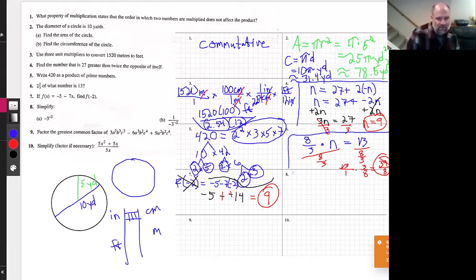Okay, sweet. All right, number 8, simplify. So this is one of those weird ones. Well, first of all, what do you do with negative exponents? Remember, negative exponents have nothing to do with whether they're positive or negative, okay? Negative exponent means throw it downstairs. So if it's a -2 exponent, throw it downstairs with the positive exponent.